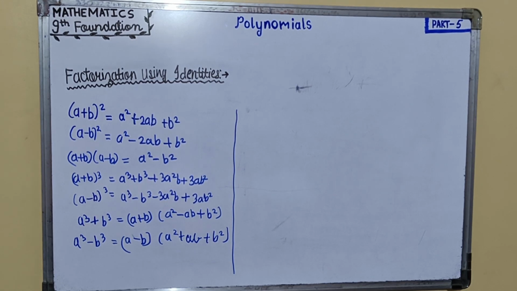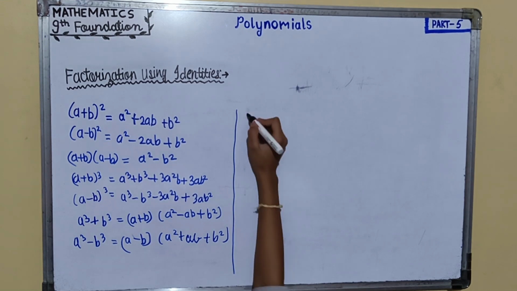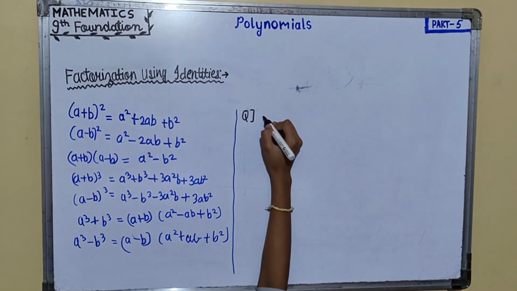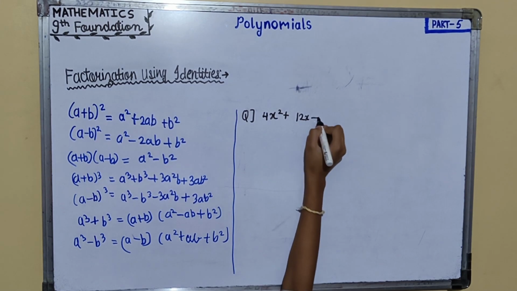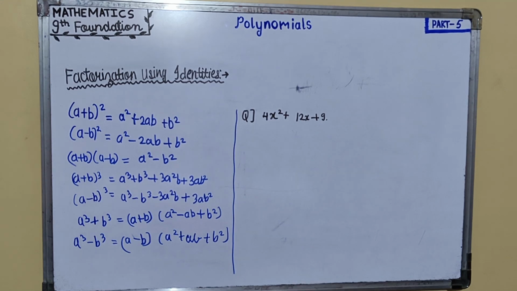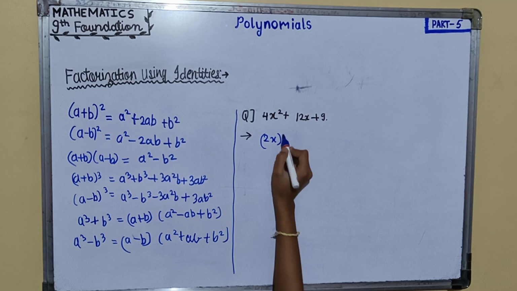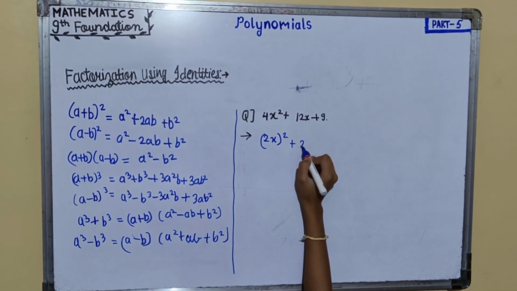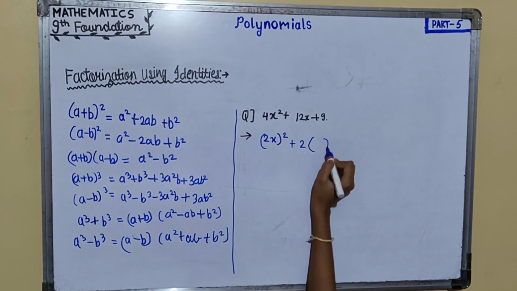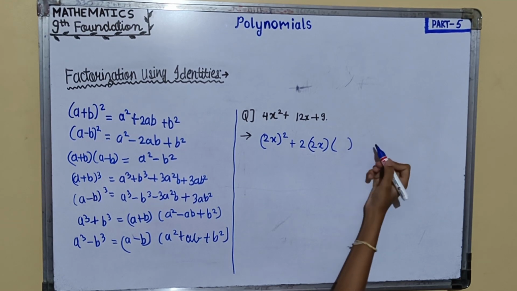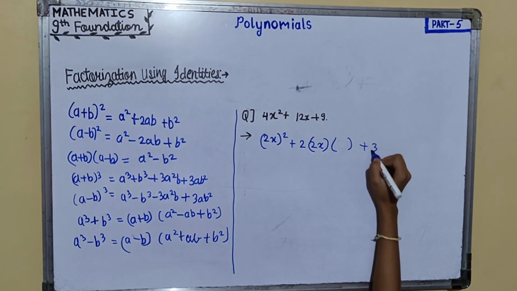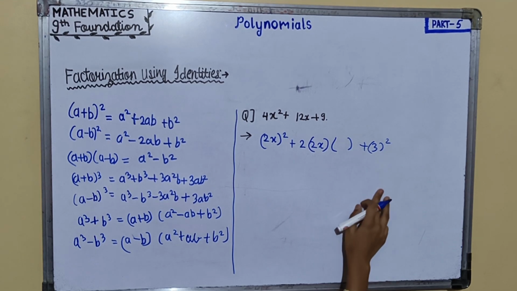Now let us start with one easiest question. The question is, factorize 4x square plus 12x plus 9. For factorizing, this is looking like this first identity, because 2x whole square gives 4x square plus 2 multiplied by 2x, b we don't know still, plus 9 will be 3's whole square. 3 is the square.